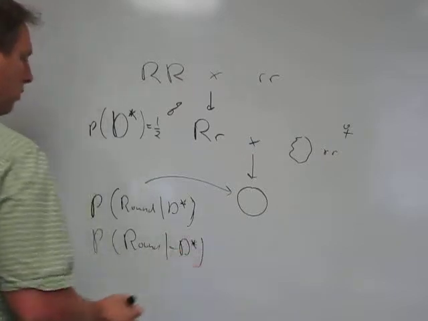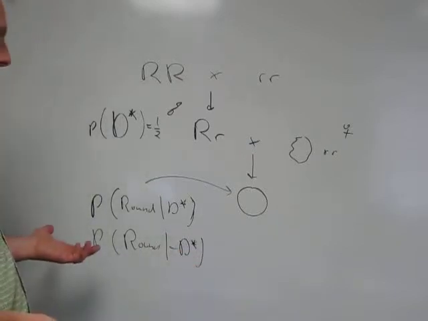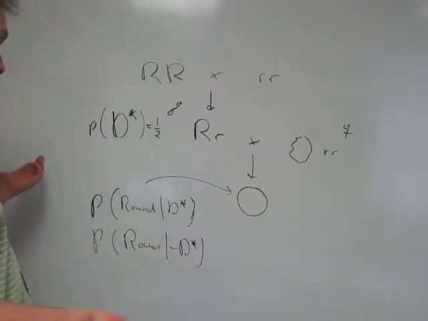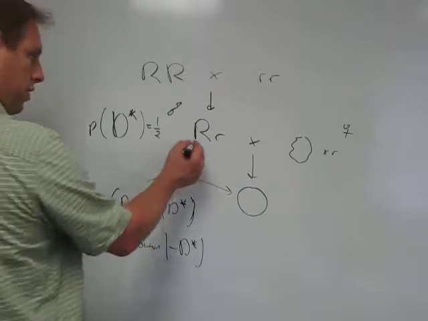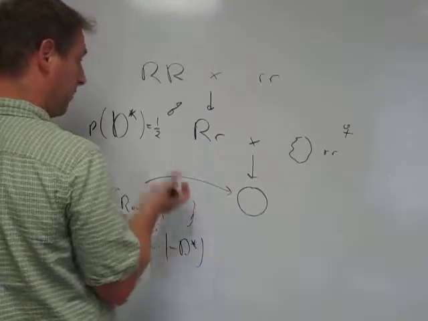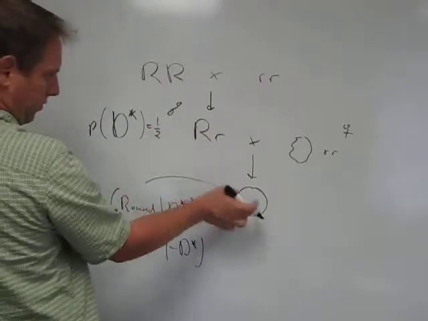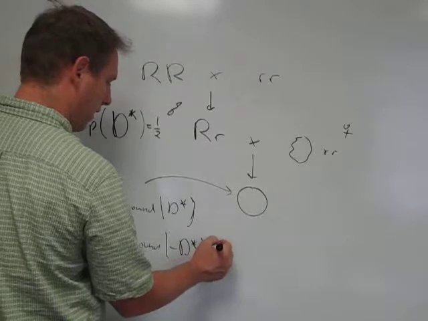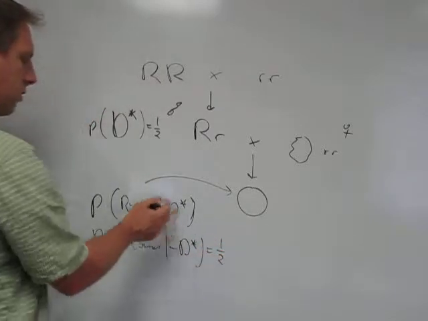Well, given that it's not D star, that's easy, right? It's 50-50, because you either transmit this allele or that allele. So the probability of there being a round bearing plant, given that it's not D star, is 1/2.